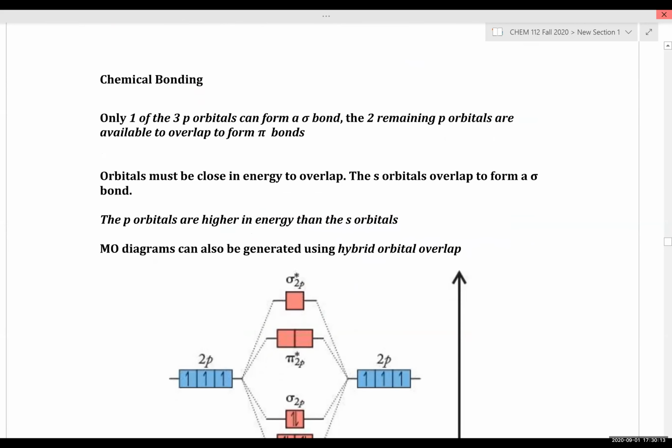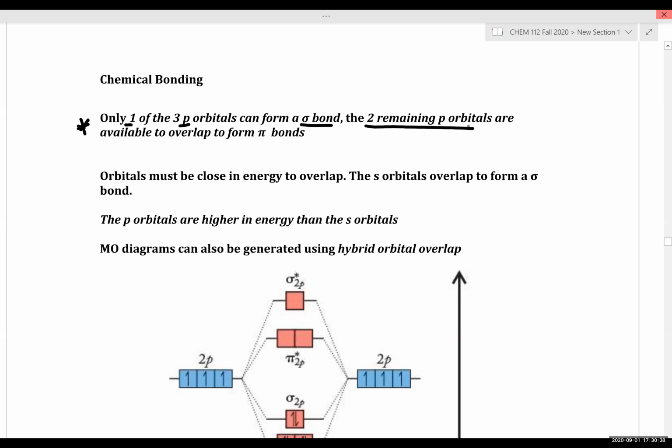So, from the perspective of molecular orbital theory, we can visualize our molecule as a set of molecular orbitals. Now, what's really important to note from our p orbitals is that only one of the p orbitals can form a sigma bond.